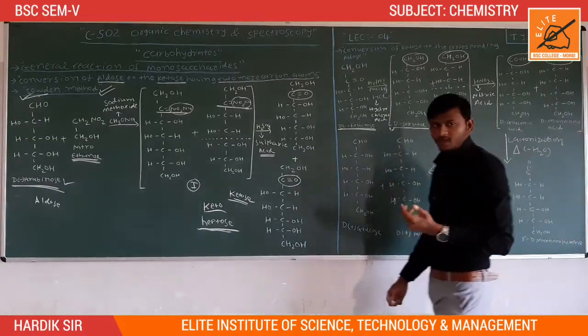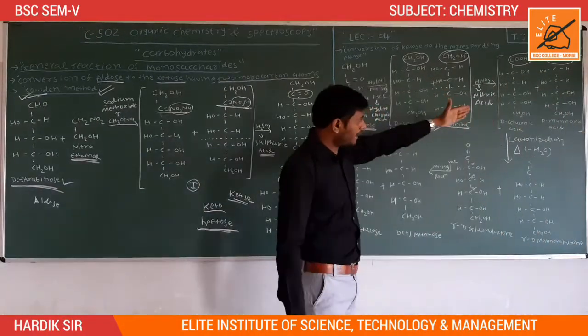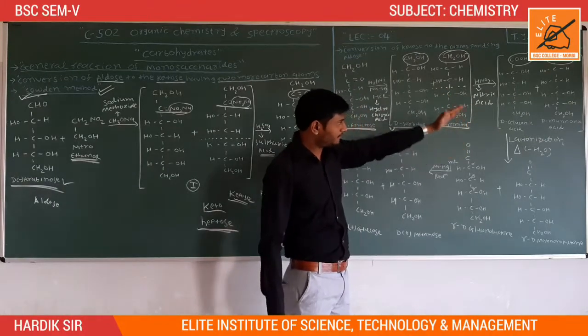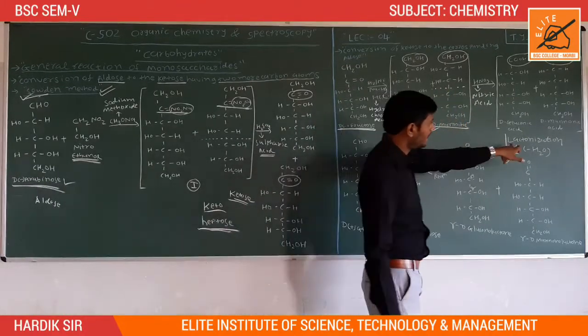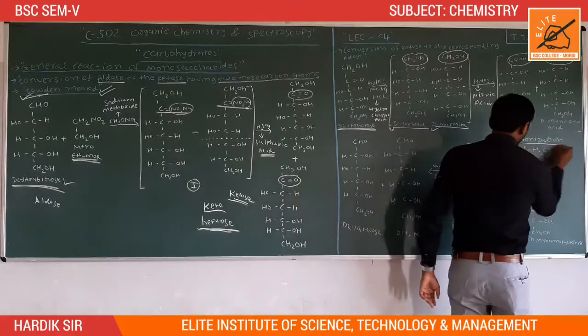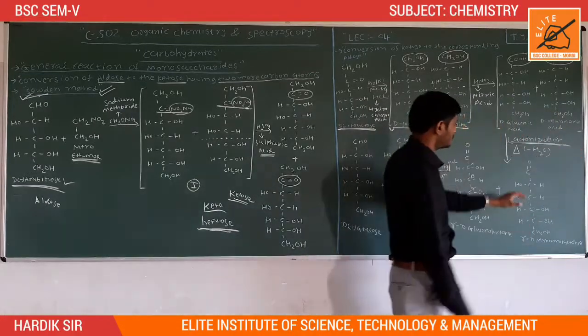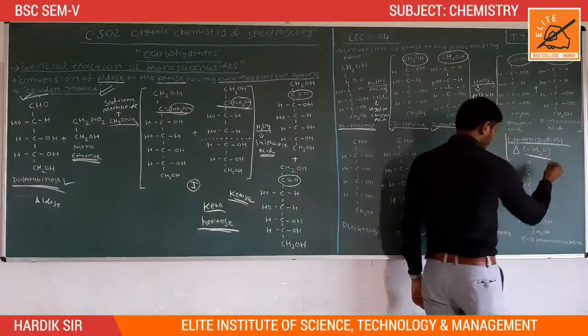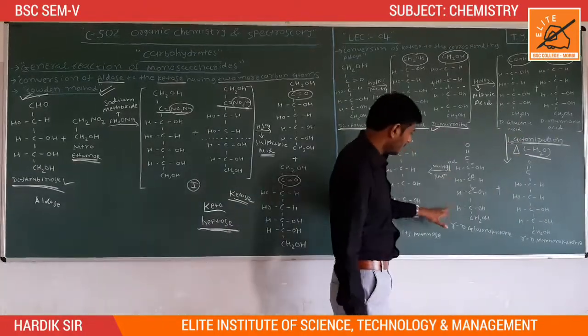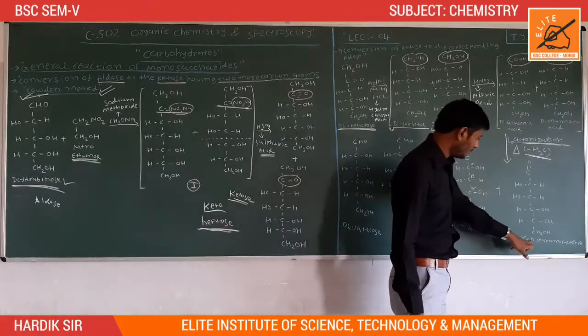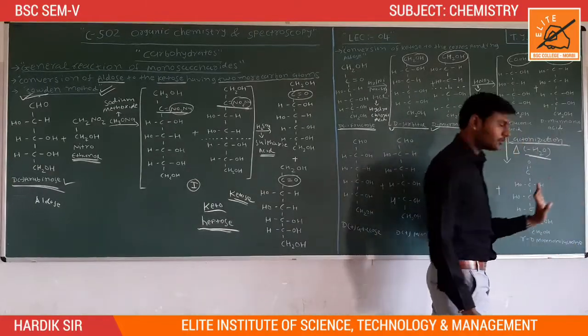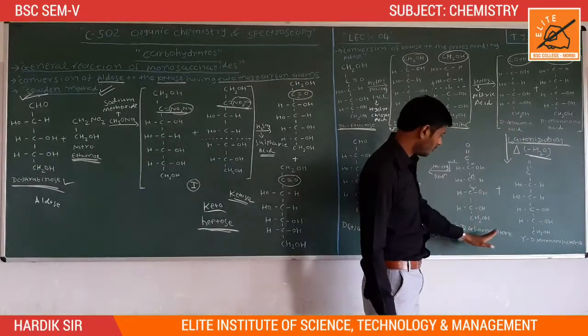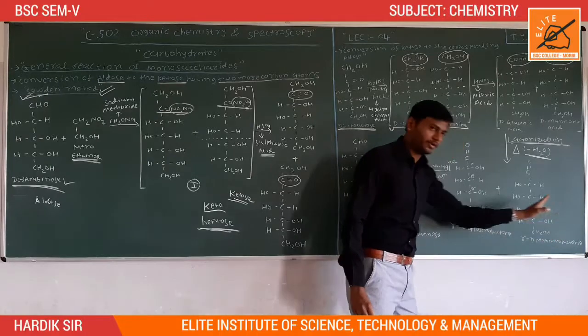Now D-gluconic acid and D-mannonic acid undergo the lactonization process. On heating, 1 mole of water is removed to form gamma-D-gluconolactone and gamma-D-mannonolactone.